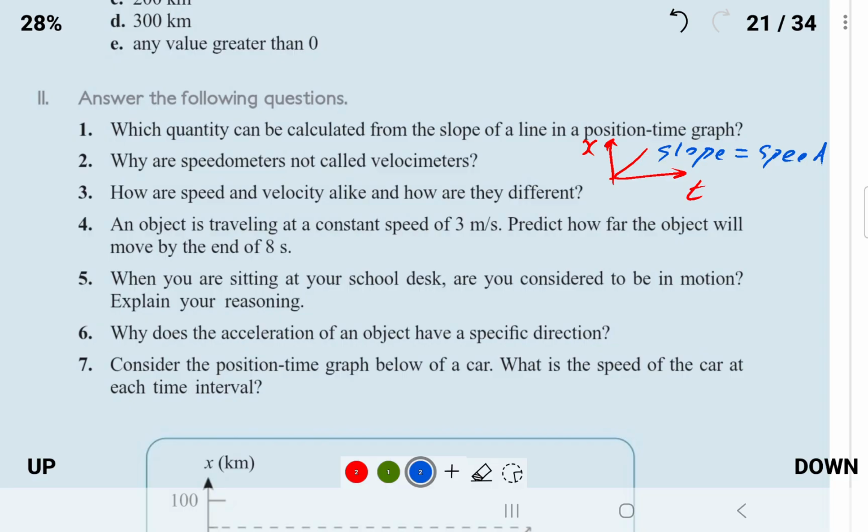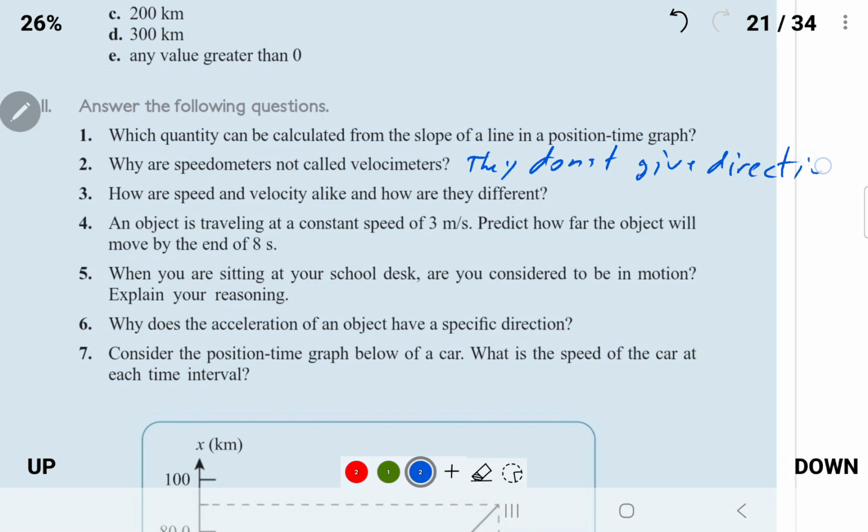Why are speedometers not called velocity meters? Because they don't give direction. So they only give speed without direction.